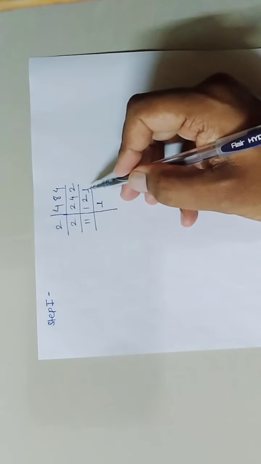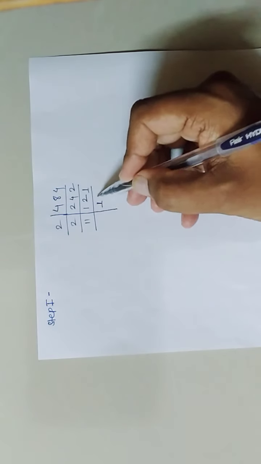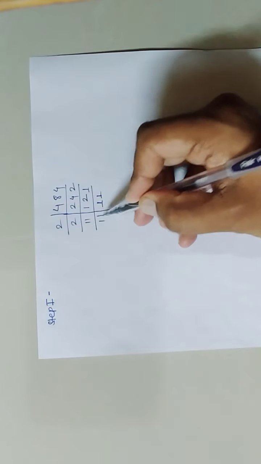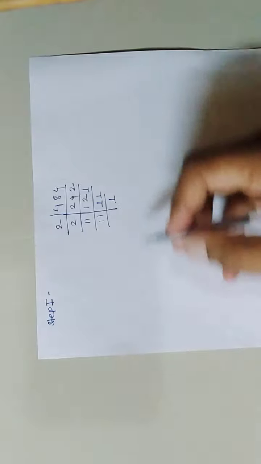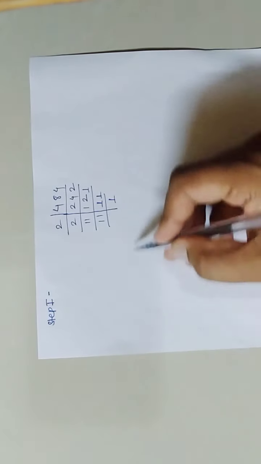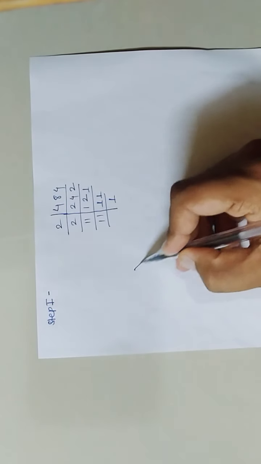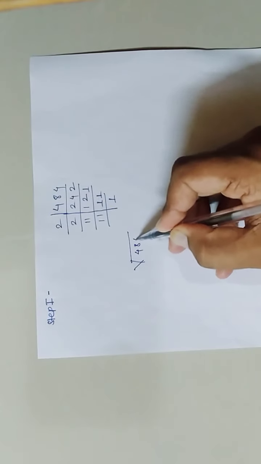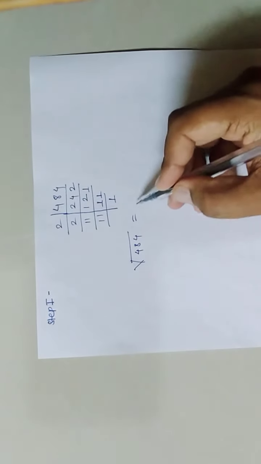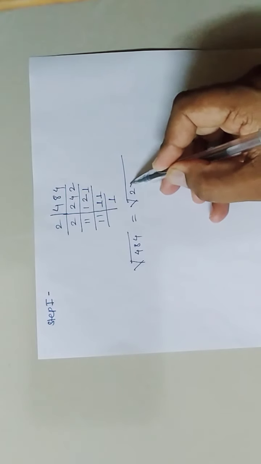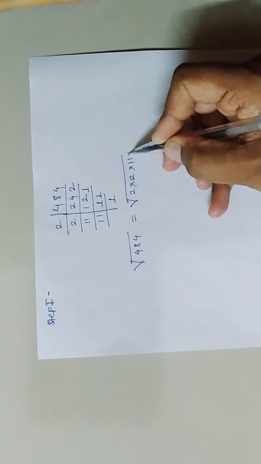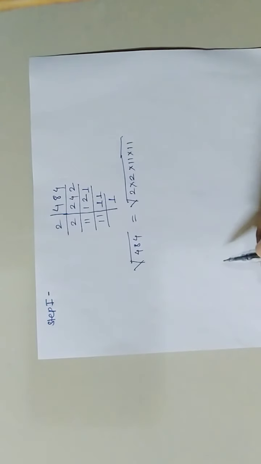So 11 ones are 11, then 11 ones are 11. So therefore the prime factors of 484 we can write as 2 multiplied by 2 multiplied by 11 multiplied by 11.